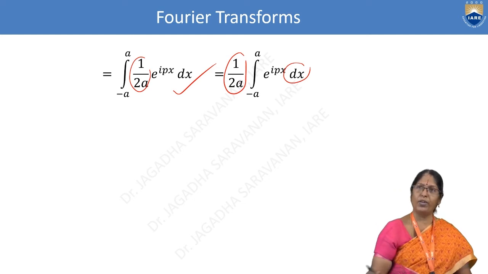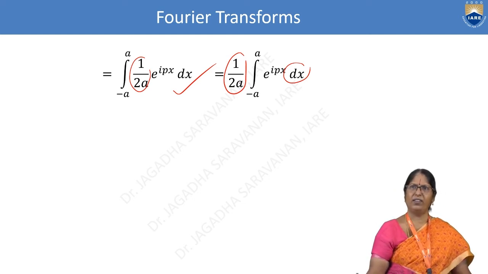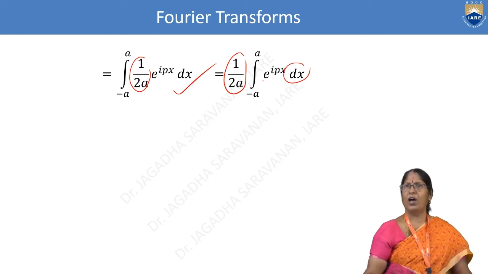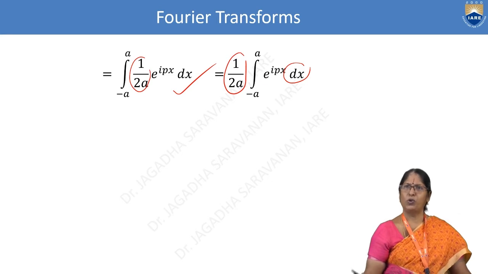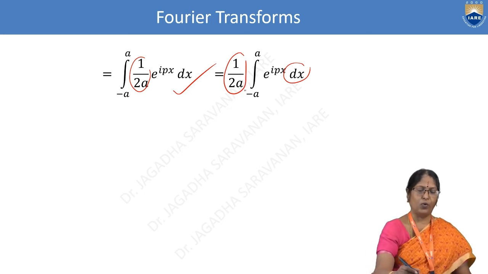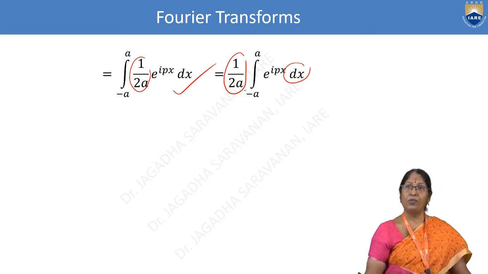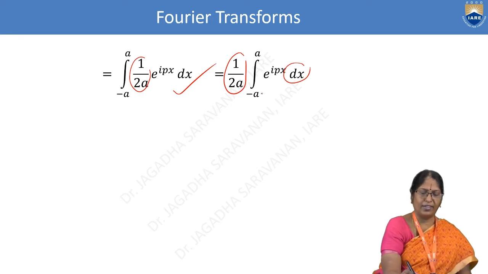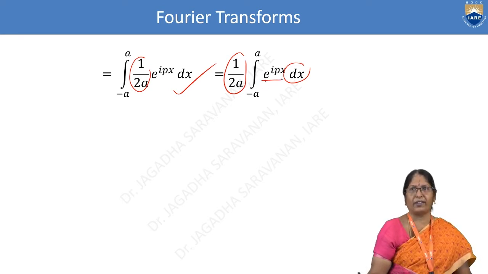So 1 by 2a is treated as a constant. If you want, we can keep it along with the integral, but to avoid confusion, we are keeping the constant before the integral.